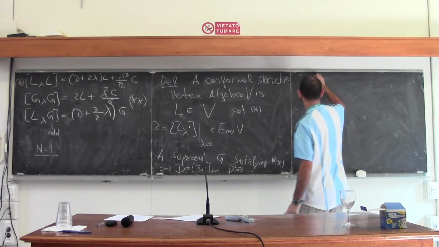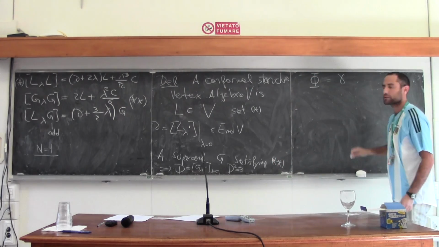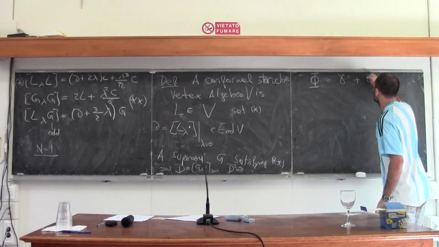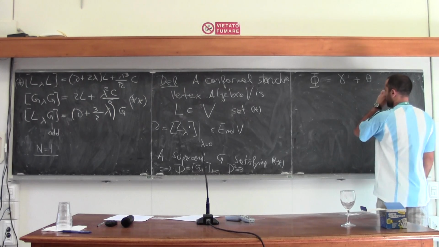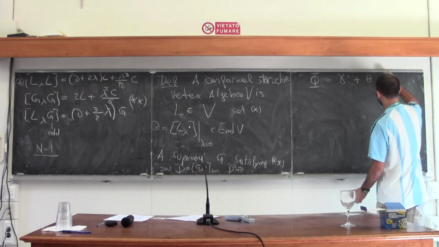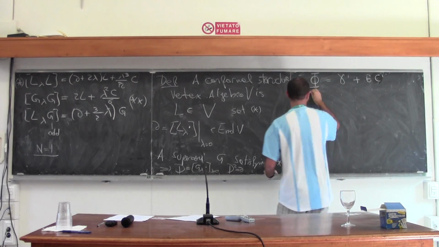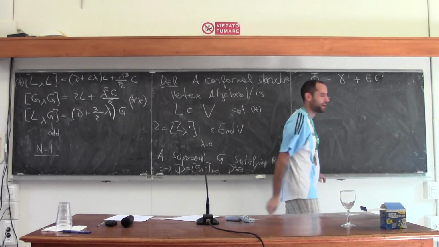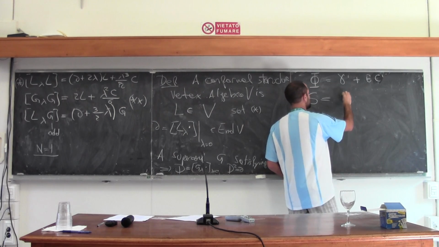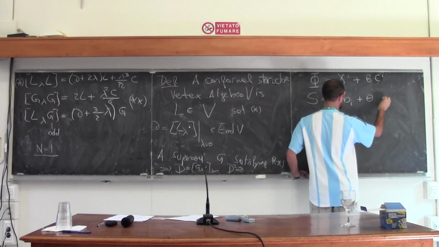So I collect my fields into a big field, which is the coordinates gamma i plus theta times D of gamma i, which is c i. And then S, which is the vector field V i plus theta beta i.